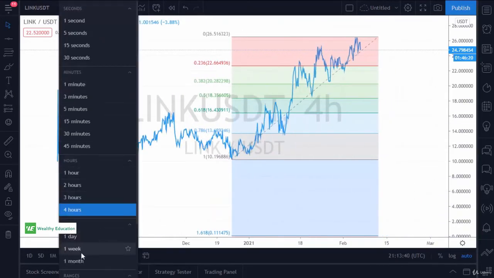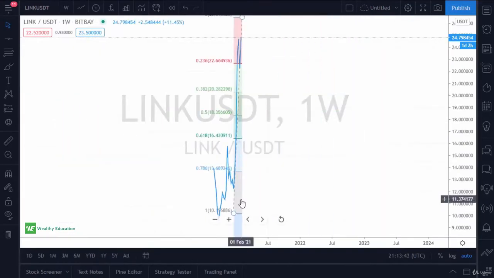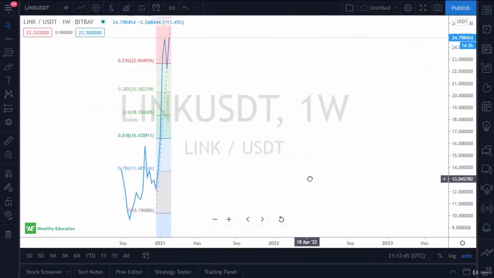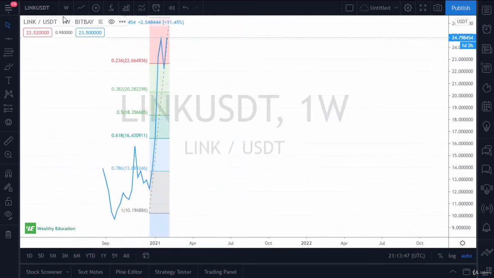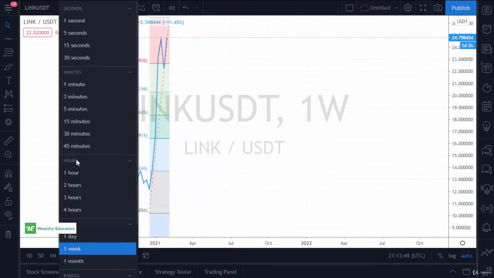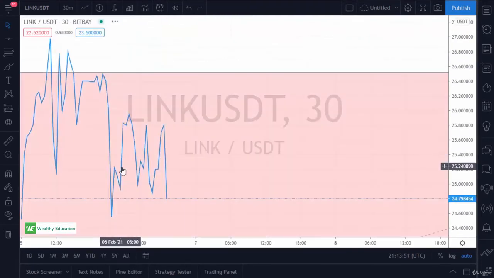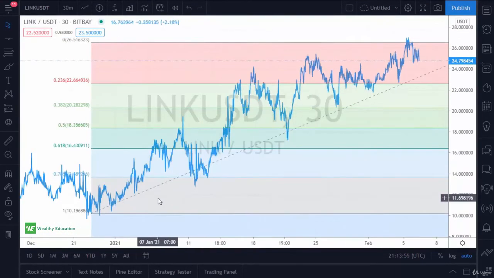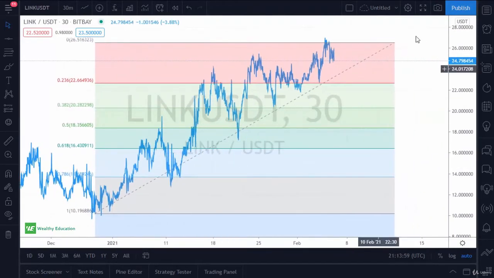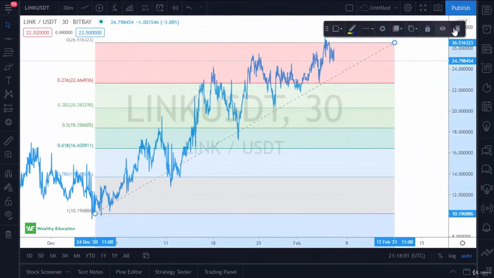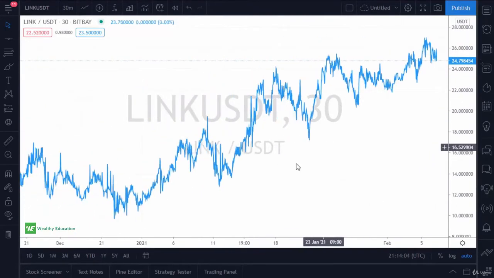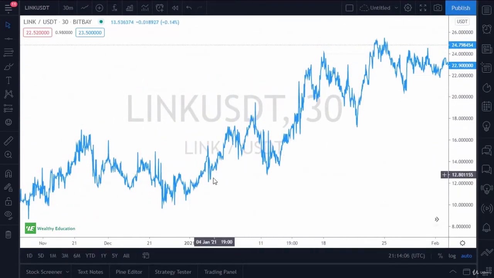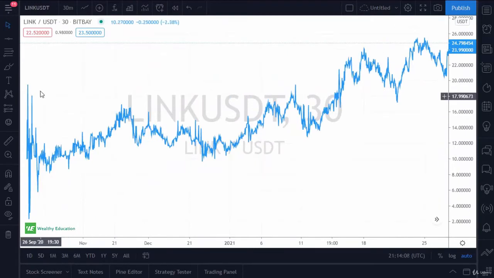I can go to the weekly chart, and you can see just how much of a move that would be. So going back to, let's even go to a 30-minute chart, this gives you some potential support and resistance to work with. But let's say you're trying to use this as the markets move, right? So you're going in and then you see an uptrend.